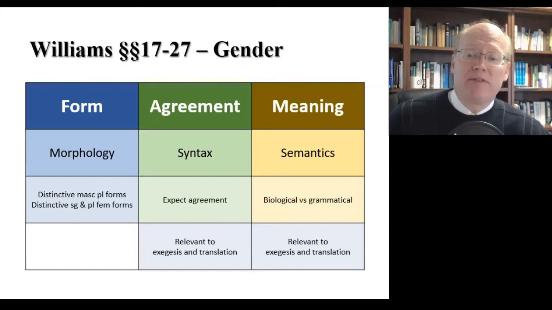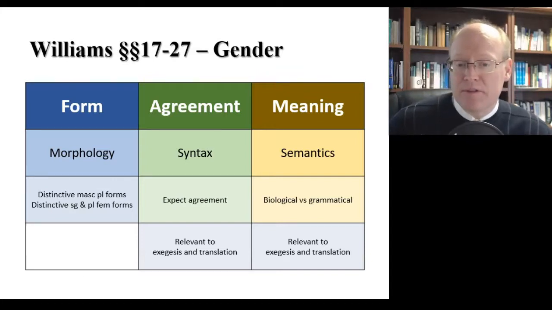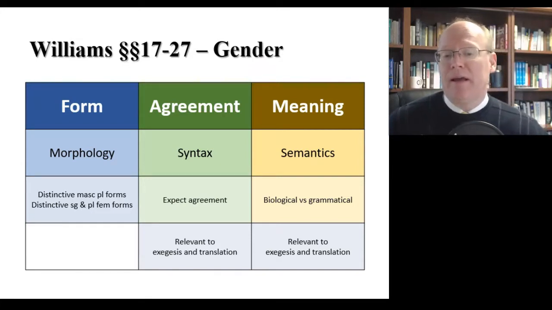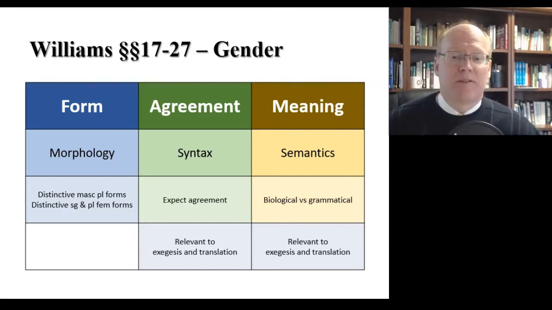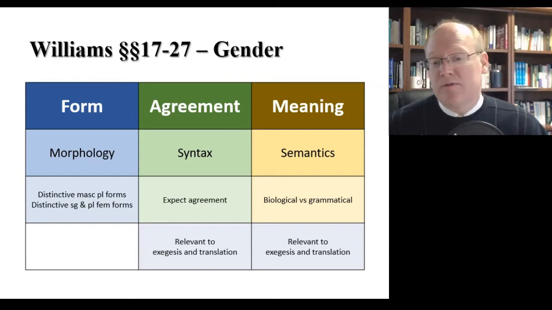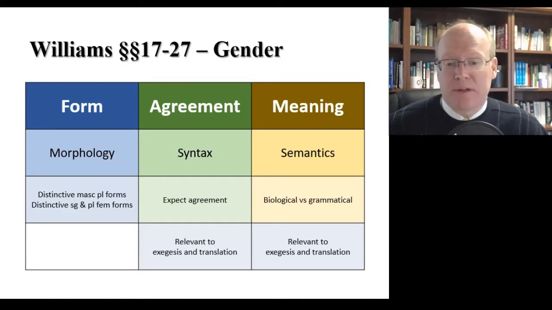And if they disagree, and there's not a pattern of disagreement, then that would suggest authorial choice and be indicative of some kind of communicative intent. The author was trying to say something by the disagreement. If, on the other hand, there's just a pattern of disagreement between form and syntax, then there's no exegetical significance.